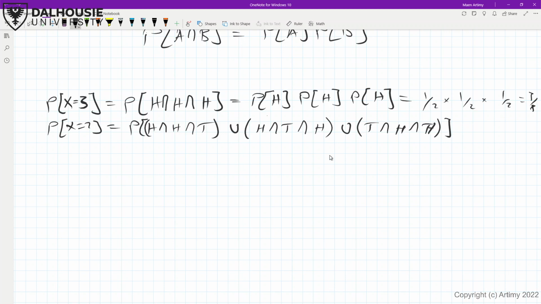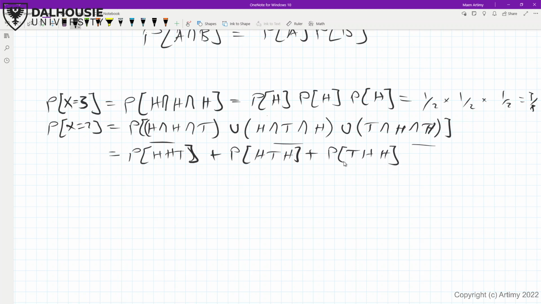So let's simplify it. All of these are disjoint and mutually exclusive, so we don't have intersections between them. We could simply say the result will be the probability of head, head, tail plus the probability of head, tail, head plus the probability of tail, head, head.